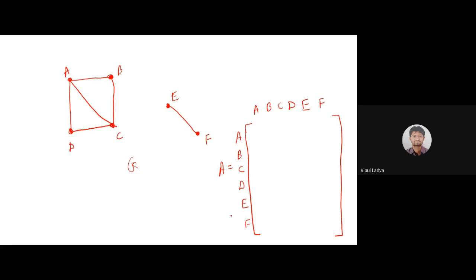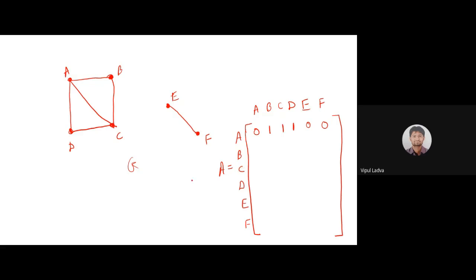Now, to identify its adjacency matrix, we just need to check how many connections that particular vertex A has. For the first row, A has connection with B, C, as well as D. So these 3 entries will be 1, and the rest of the 3 entries will be 0.